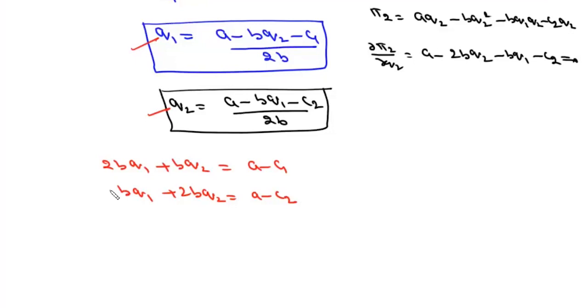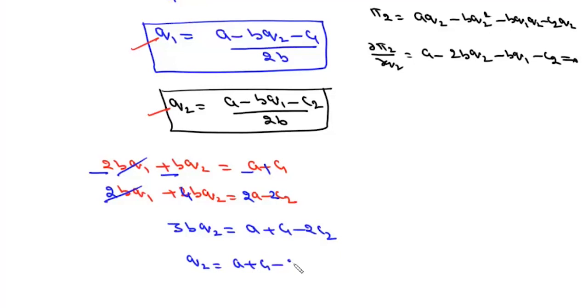Now we multiply the first equation by 2 and subtract the second from it. Q1 will cancel, so we can write 3BQ2 equals A plus C1 minus 2C2, or Q2 equals A plus C1 minus 2C2 upon 3B. In the same way, we can write Q1 as A plus C2 minus 2C1 upon 3B. So this is the Nash equilibrium in this case.